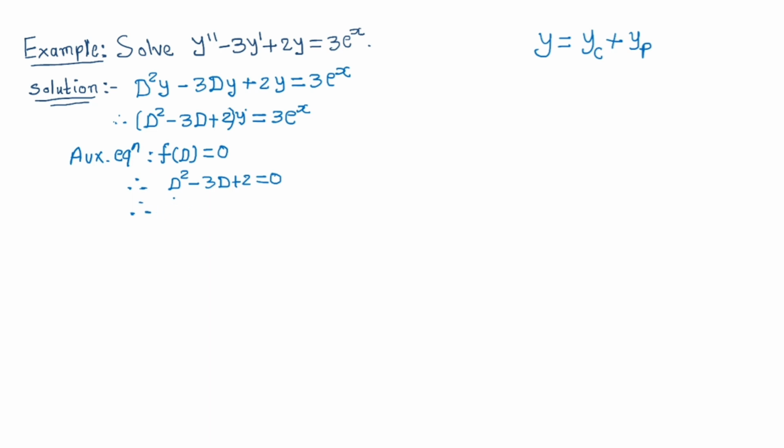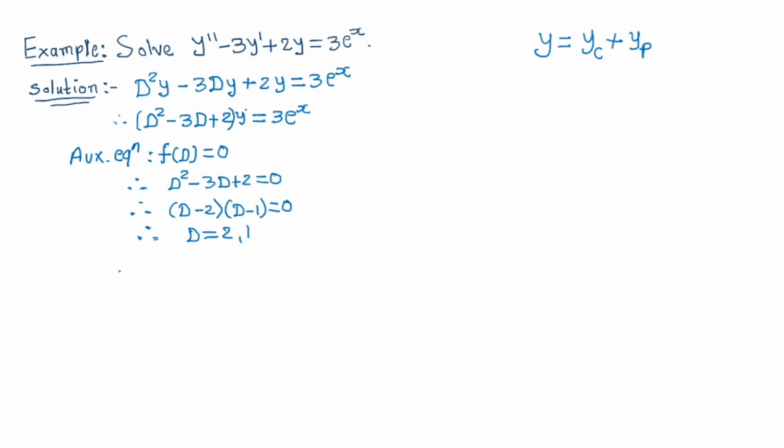The factorization of this quadratic equation is d minus 2 and d minus 1, so the roots are 2 and 1. One can observe that both roots are real and non-repeated.